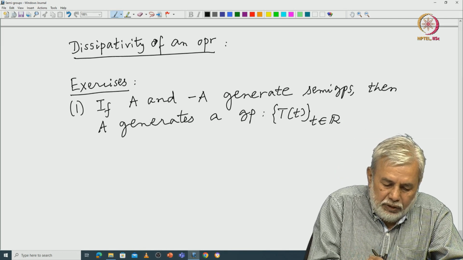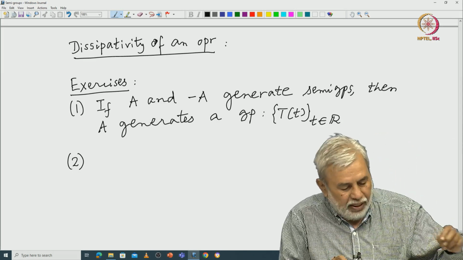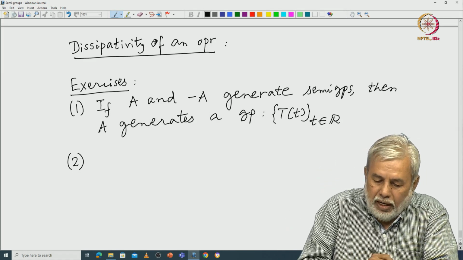So, again you can now state the hypothesis of the Hille-Yosida theorem.